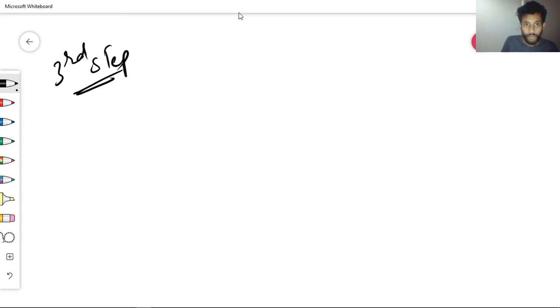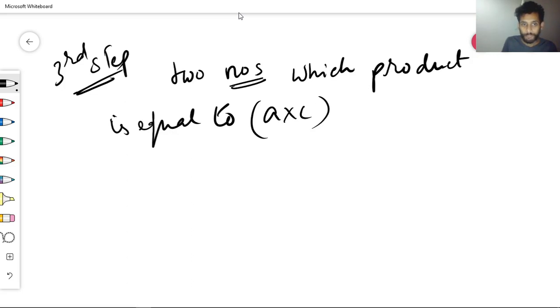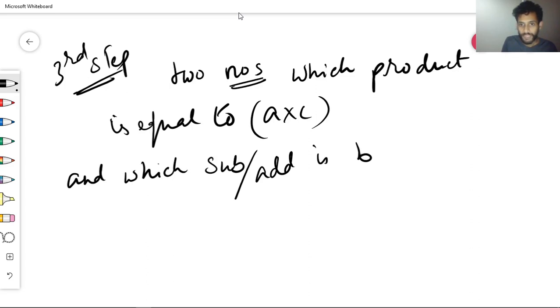Now we have to find two numbers whose product is equal to a into c, and whose subtraction or addition is b.